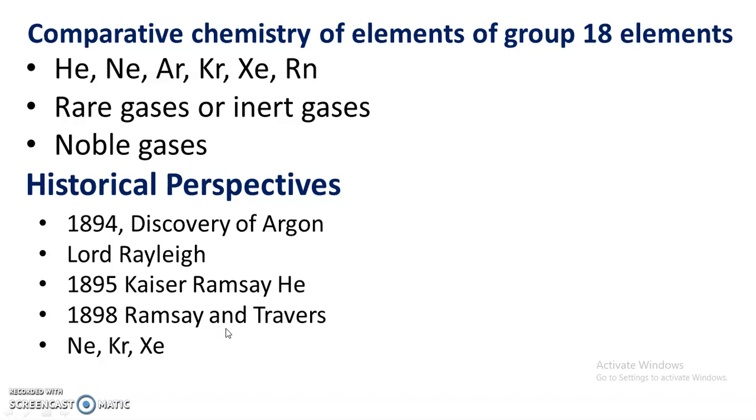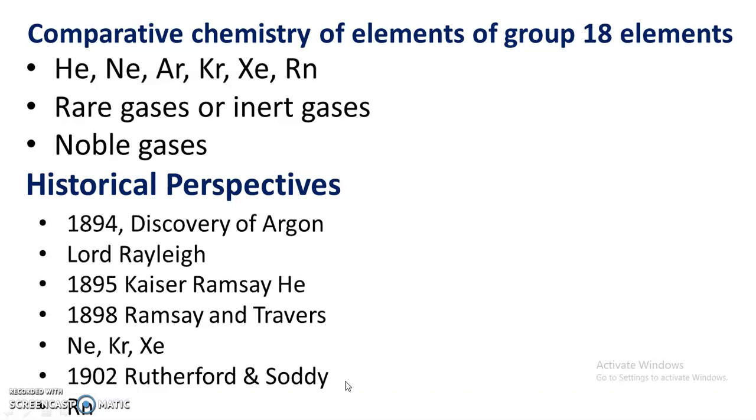Later on, in the year 1898, 3 new elements were isolated by Ramsay and Travers by low temperature distillation of liquid air. The elements were named neon, krypton and xenon, which were characterized by spectral analysis. Then in the year 1902 Rutherford and Soddy isolated radon from the radioactive minerals.